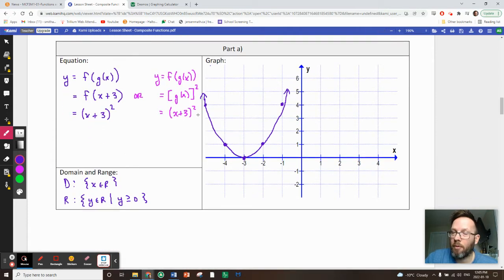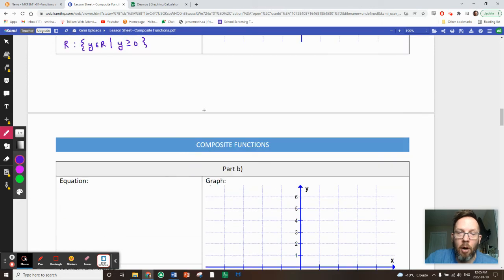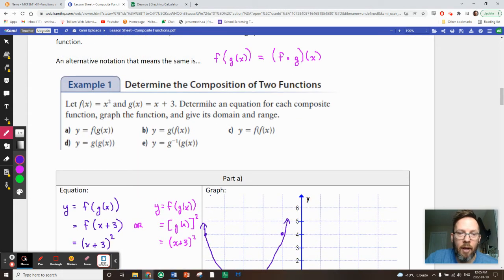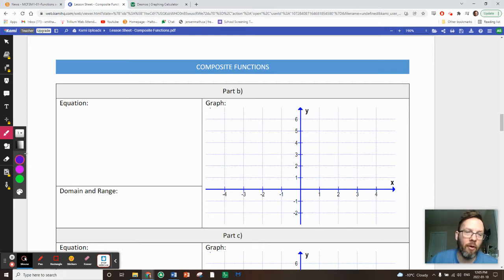So there's our first example. Let's try some more and get more comfortable. So part B, we're looking at g of f of x. We're switching the order of what we're substituting in. So y equals g of f of x. What does f of x equal?